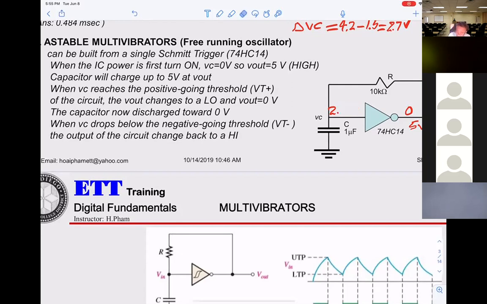And when you turn on the power, the capacitor here will be shorted right away to the ground. So the voltage here will be 0. And if the input is 0, the output will be 5 volt. And now the current flows this way.